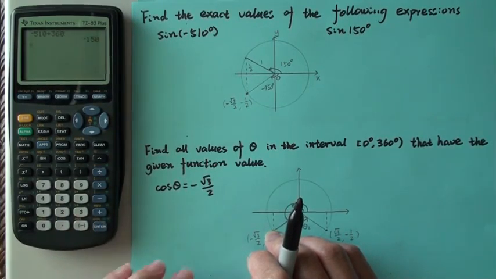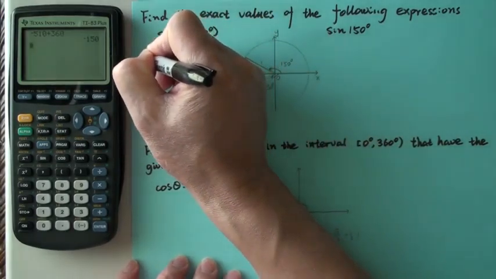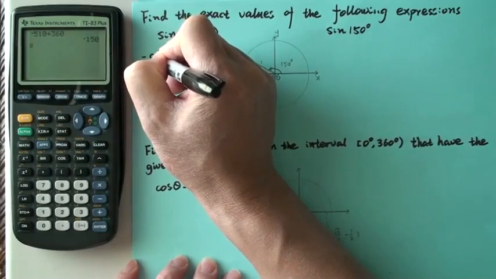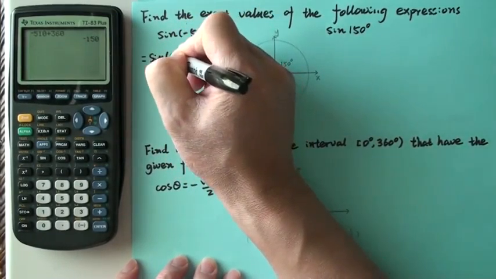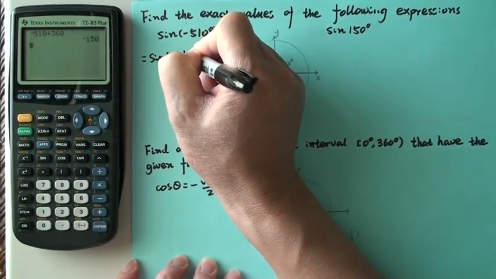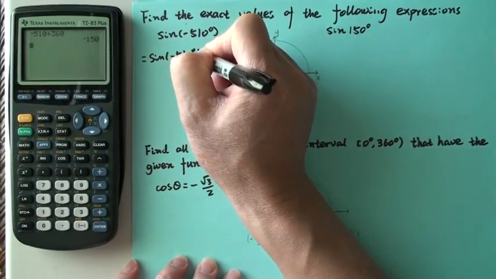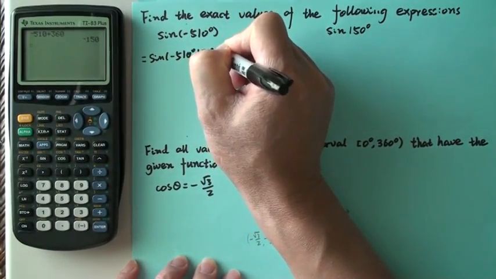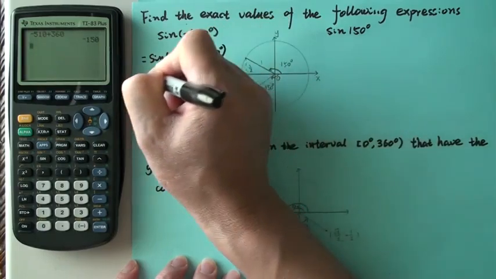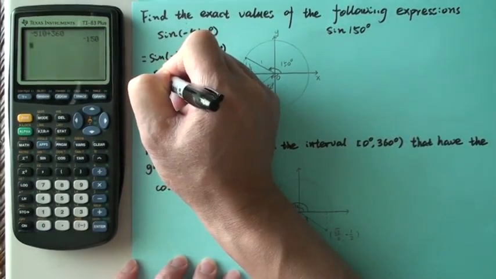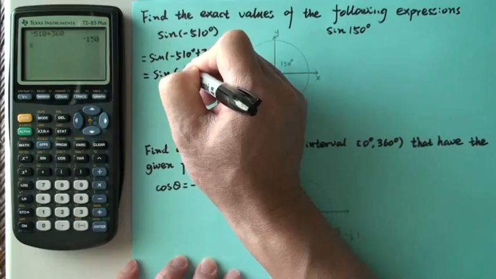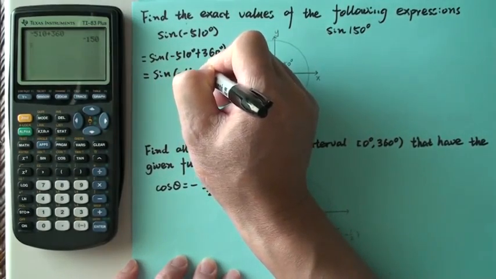So you will get negative 150. You do it this way: negative 510 degrees plus 360, and then you have sine of negative 150 degrees.